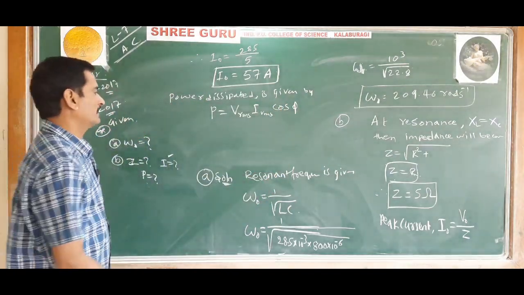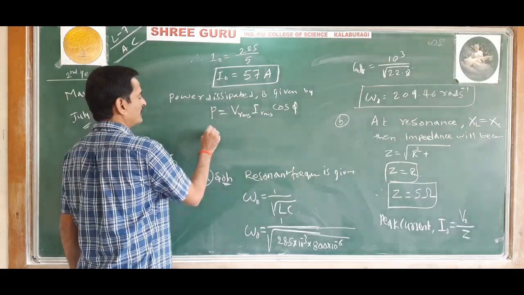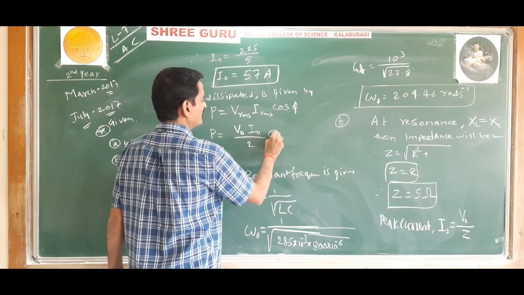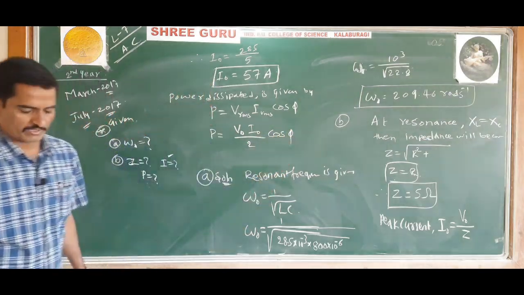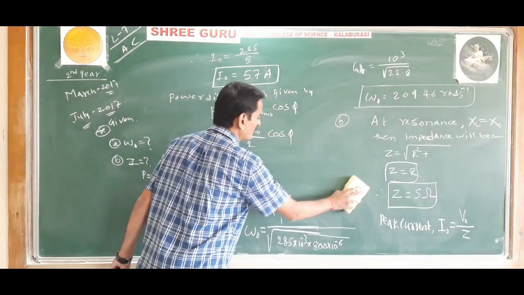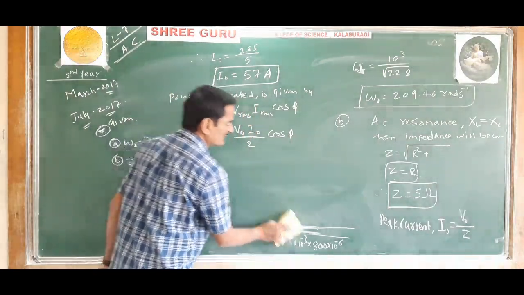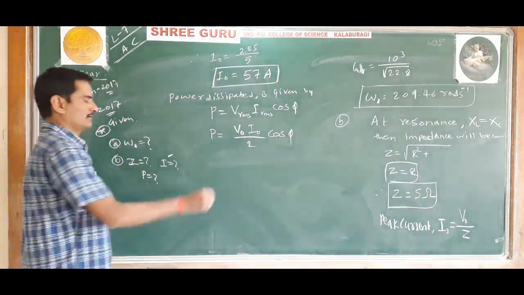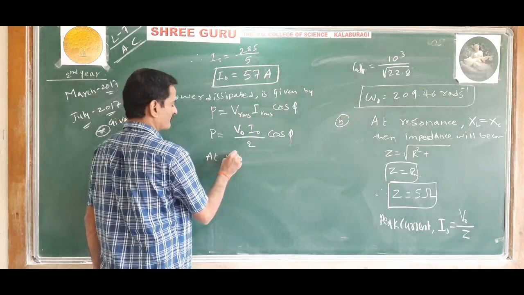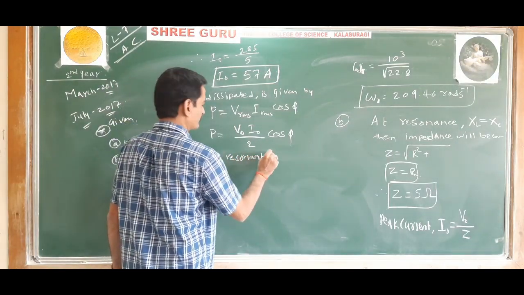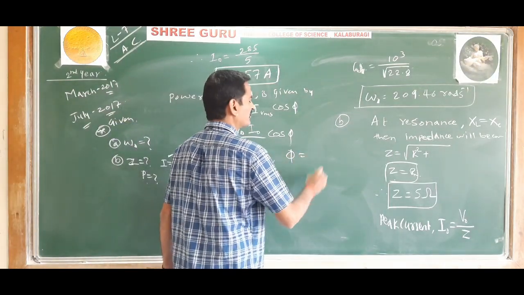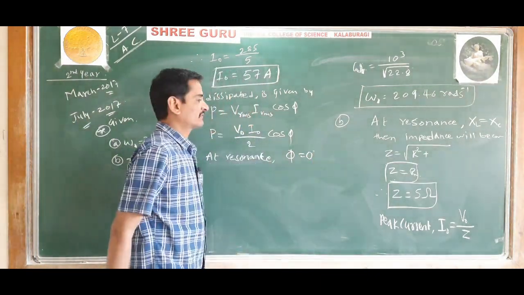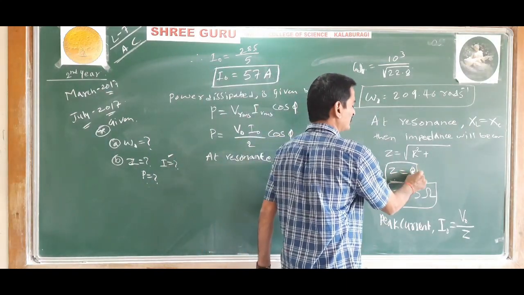It can also be written as P is equal to V naught I naught divided by 2 into cos phi, because VRMS is V naught divided by root 2 and IRMS is I naught divided by root 2, and root 2 into root 2 is 2. So at resonance, the phase difference between current and voltage will be 0 degree, because Z is equal to R, impedance is completely equal to R.